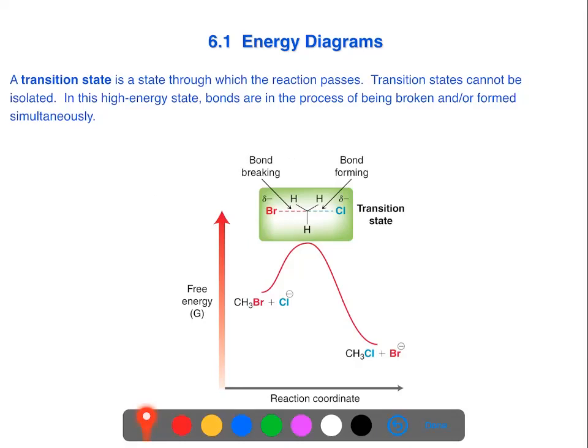So these transition states are not easy to isolate, meaning we can't collect the species at the transition state and put it in a bottle. These are very difficult to monitor and assess. And really, up until recent time, they were theoretical constructs. They were our best guess as to what bonds were forming and breaking at that maximum.